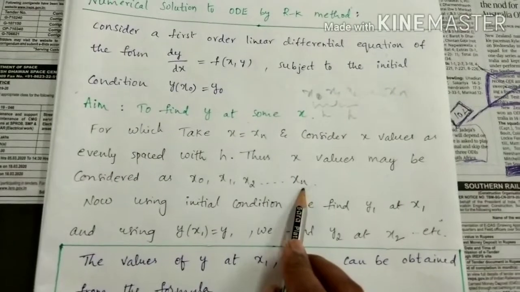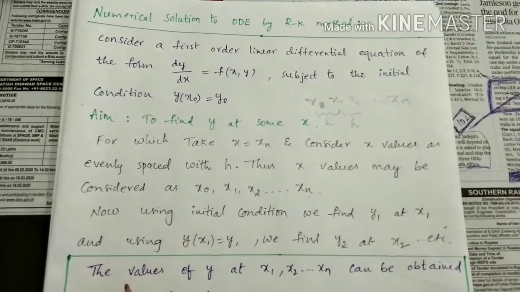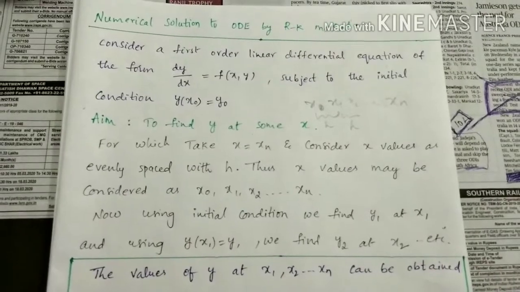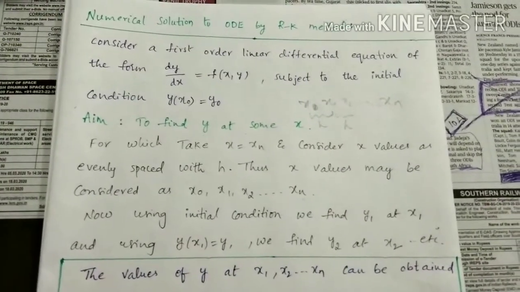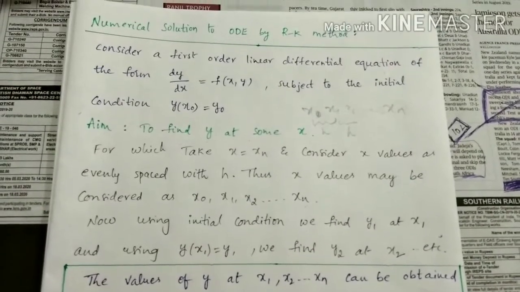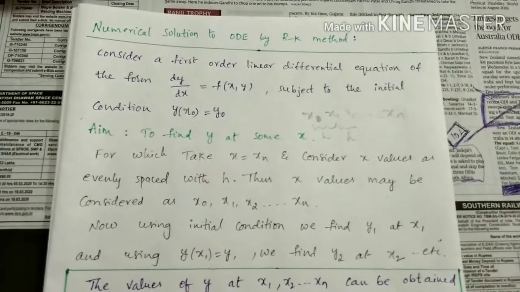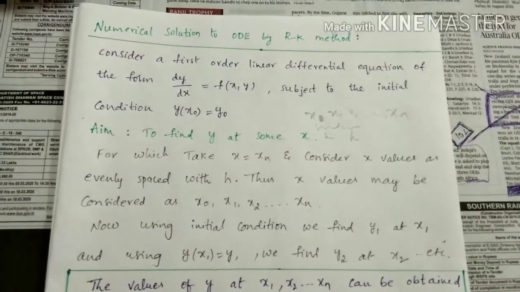In this method, we use only the information at one and only one previous point. So, this method is said to be a single step method. Compared to the Euler method and modified Euler method, this method gives more accuracy in the value of y.